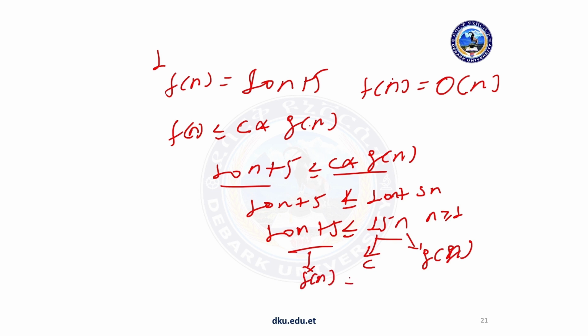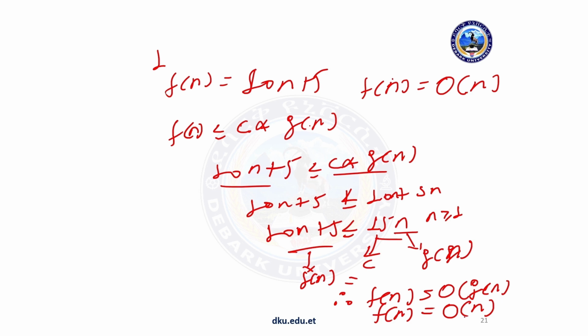So in general we can say that f of n is equal to big O of g of n, as in the definition. g of n means n right here. So f of n is equal to big O of n. So we can do it just like this.